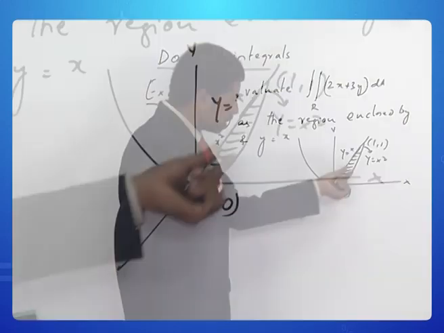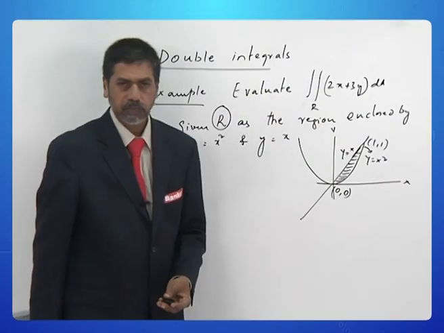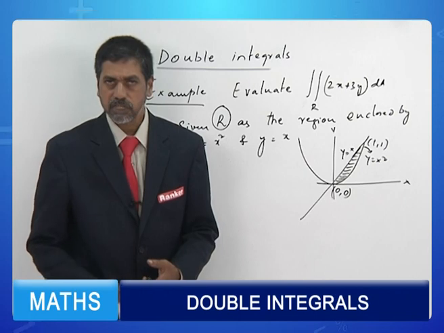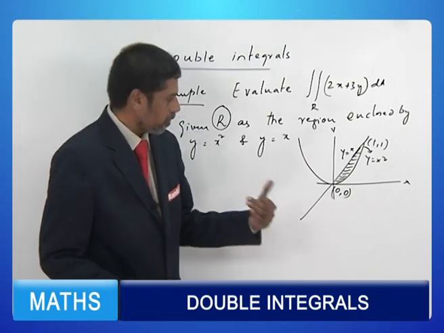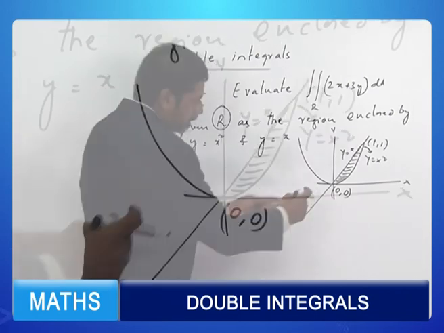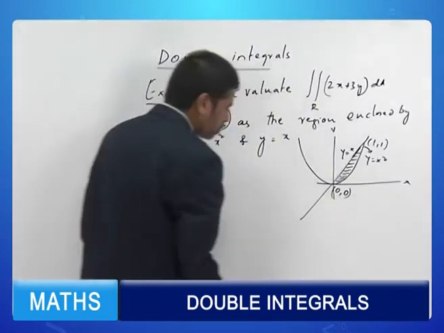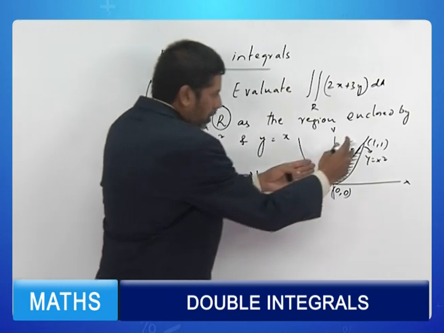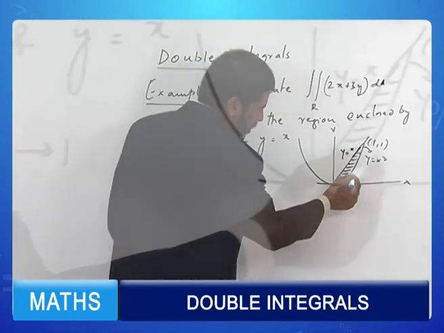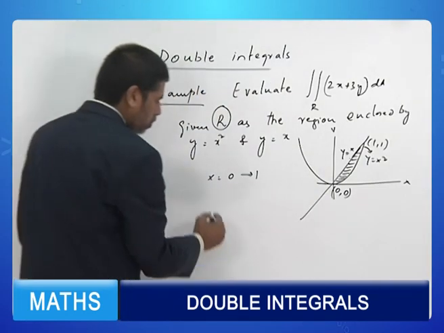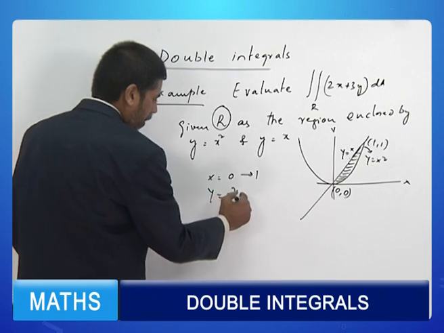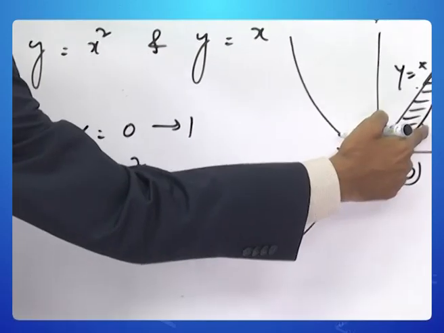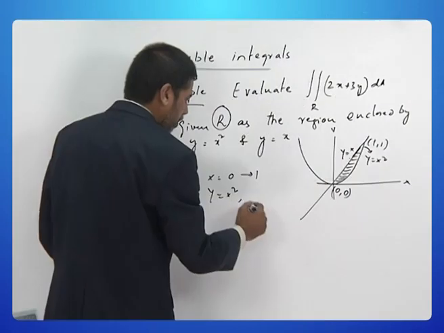Now describing this region is very important. There are several techniques. One of them says the region is spread from 0 to 1, so x varies from 0 to 1 and then y varies from this lower curve to that upper curve. So y is equal to x square happens to be the lower limit of integration and this happens to be the upper limit of integration.